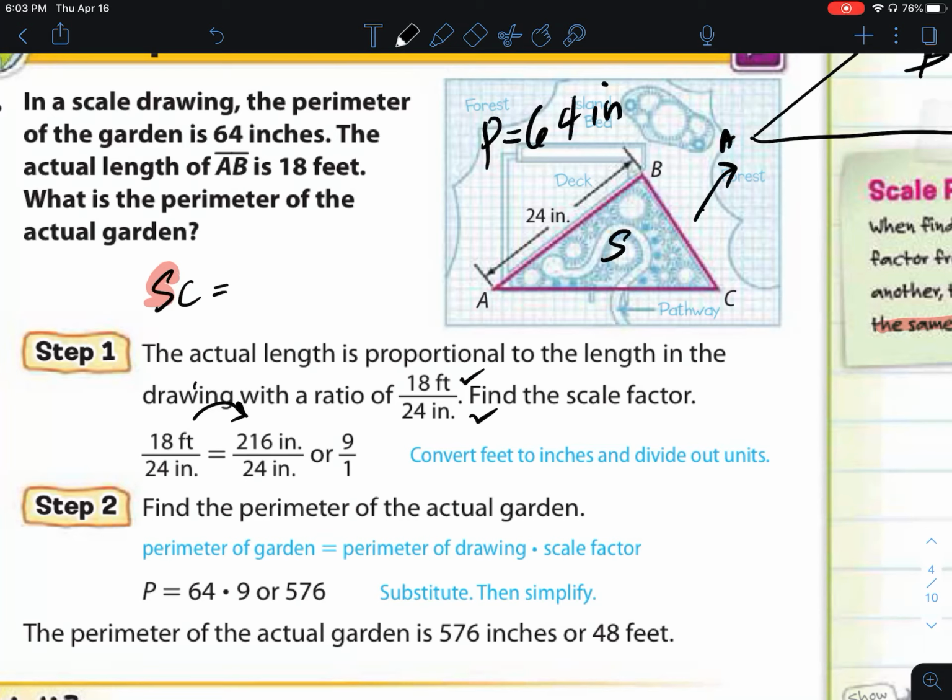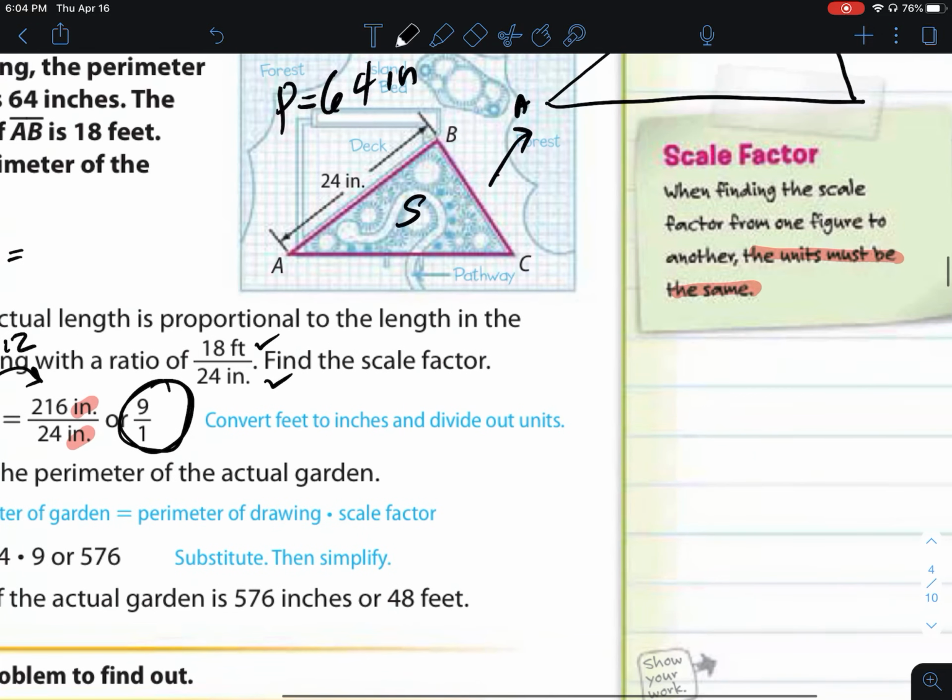We multiply that by 12, and end up with 216 inches. Now they are both in inches. This becomes our scale factor, 216 over 24, and if we simplify that, that becomes 9. So the scale factor of this whole thing is 9.